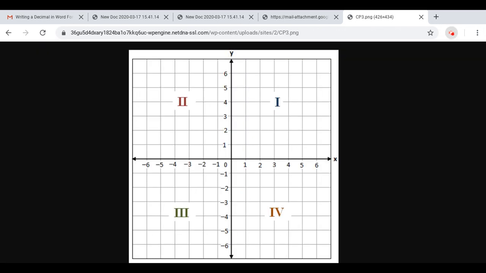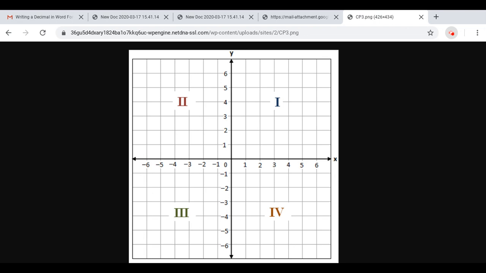All right, guys, yesterday I made a comment that we always go right and up when we're plotting, and we always do because we are always in quadrant 1. Quadrant 1 is over here to the right, the top right section.